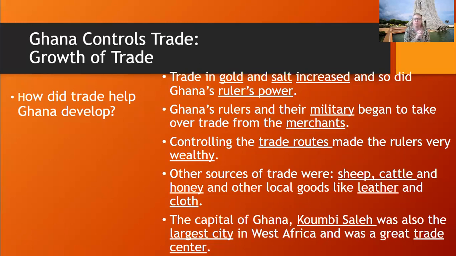Ghana's rulers really became very powerful because of the amount of money that was coming in from the trade. Especially with gold, they start trading for very highly valuable items. Salt also, because it was very versatile, increased as well.